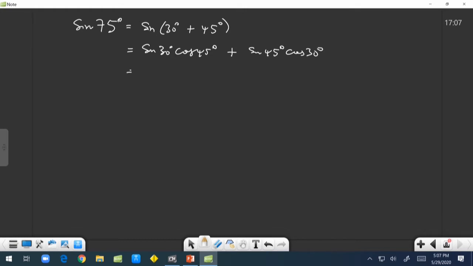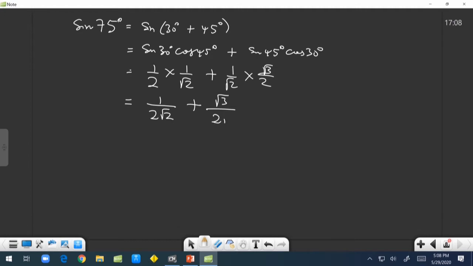Sine 30 is 1 over 2. Cos 45 is 1 over root 2. Plus sine 45 is 1 over root 2, and cos 30 is root 3 over 2. When we simplify this, we have 1 over 2 root 2 plus root 3 over 2 root 2. The LCM is 2 root 2, so we have 1 plus root 3 over 2 root 2.